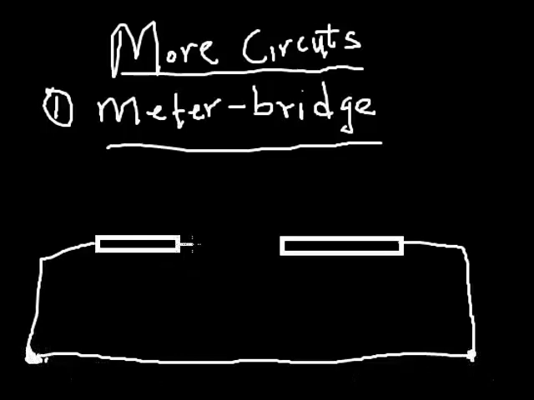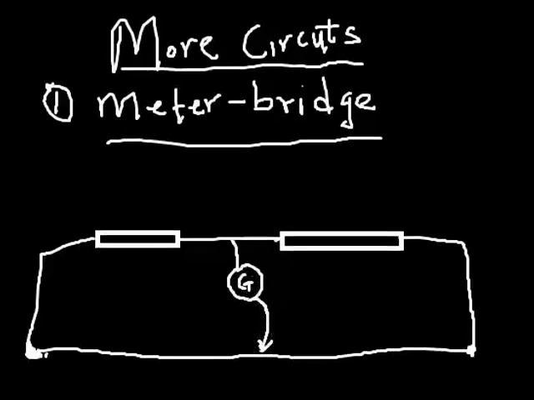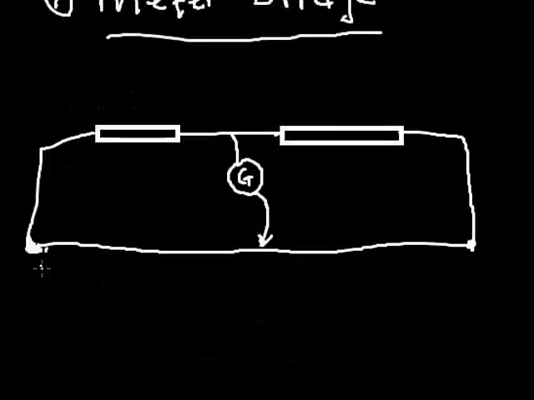In between, I now connect the two resistors. Then I'm going to use a galvanometer with a jockey to touch this length of wire. Let's say the length of this wire is 100 cm, from here to the end of the wire.